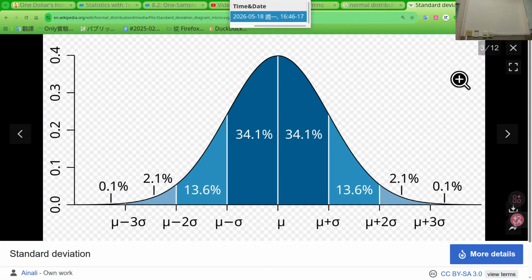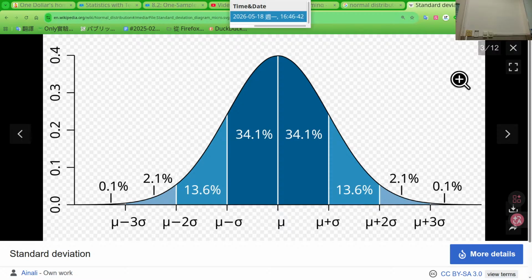For example, the average height may be 170 centimeters. Sorry, 170 centimeters. And this range of plus and minus will cover 96% of the population. But now we don't like 96.